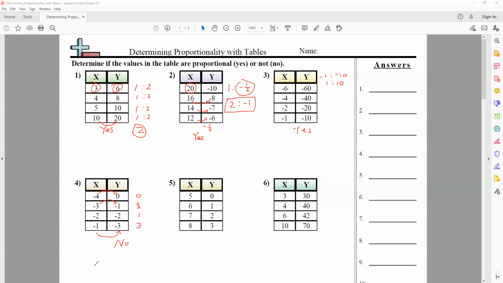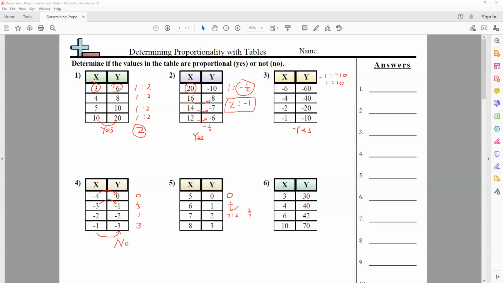Okay, so let's look at number 5. It's probably similar to 4. So let's do the ratio. Let's see, number 5. That would be 1/5. The first one would be 0. The next one would be 1/6. And then the other one, think about 7 to 2, which is 2/7, okay?